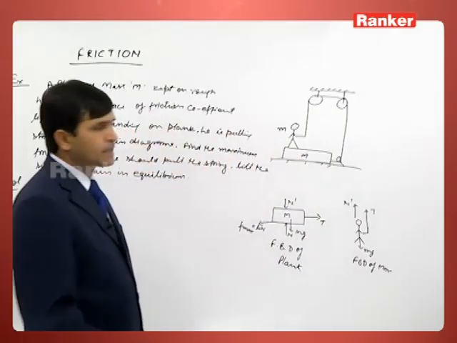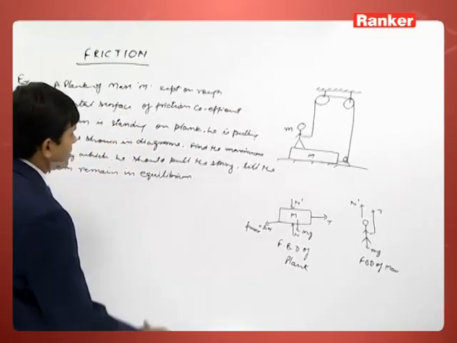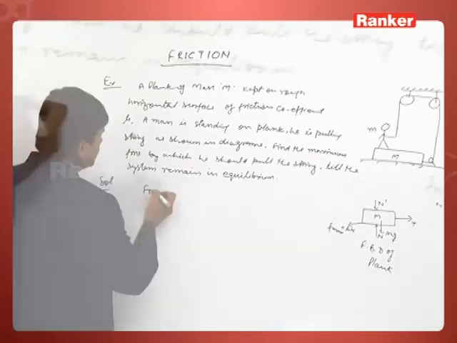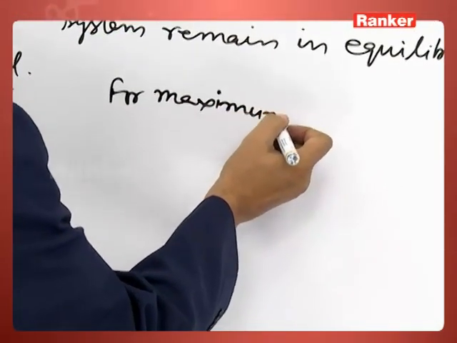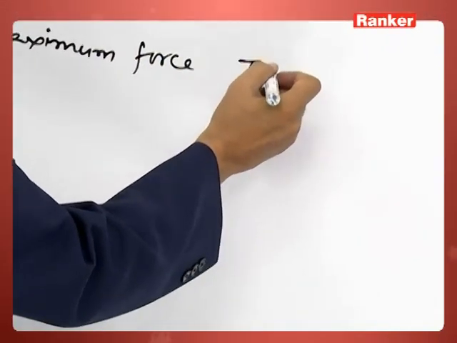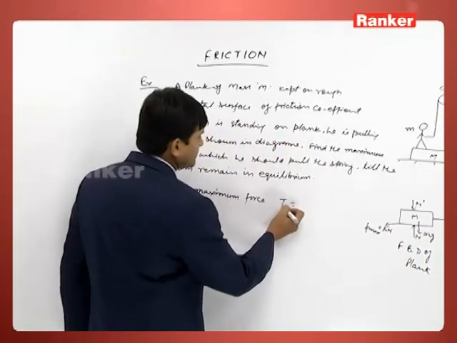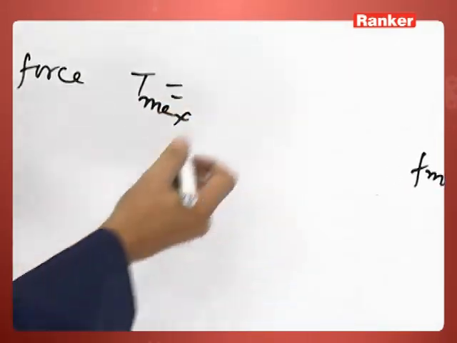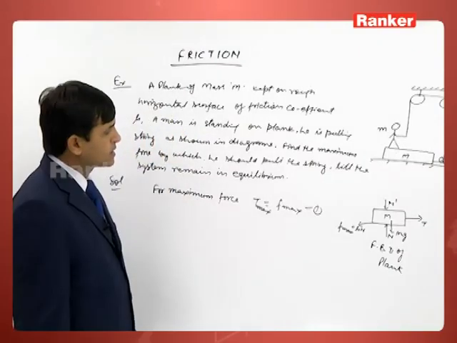No other forces are there. So first, for maximum force, T maximum is equal to F maximum. This is the first equation.